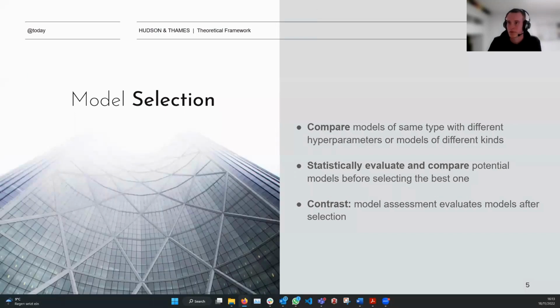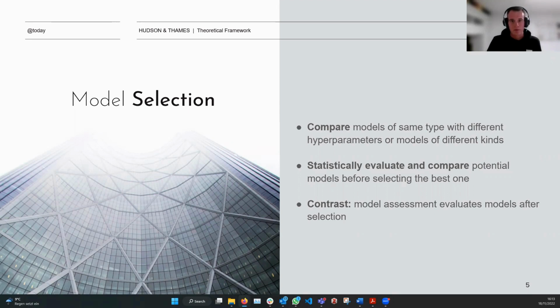Okay, so then model selection. In model selection, we differentiate between models of the same type, but with a different configuration. Think of different hyperparameters, like different kernels in a support vector machine, or models of different kinds, such as logistic regression, support vector machine, or k-nearest neighbors.